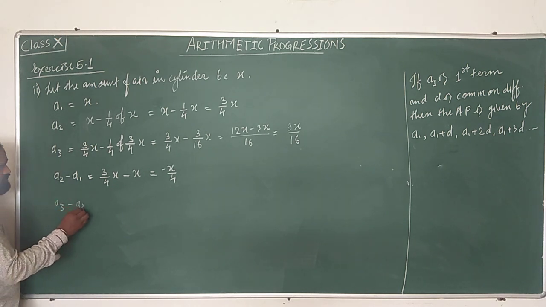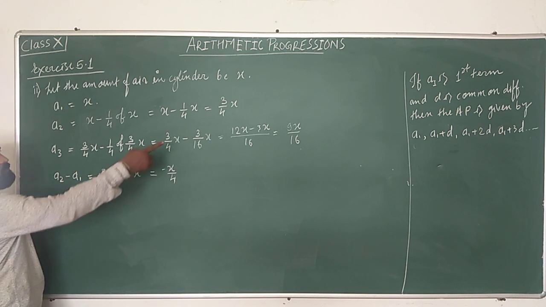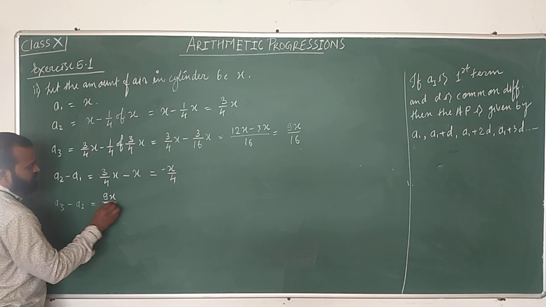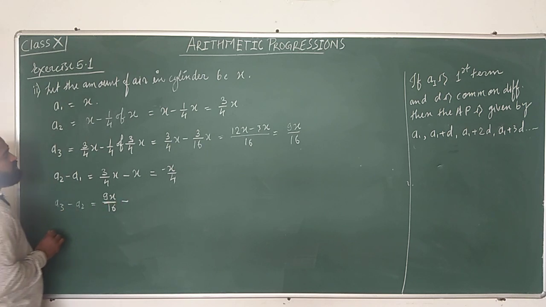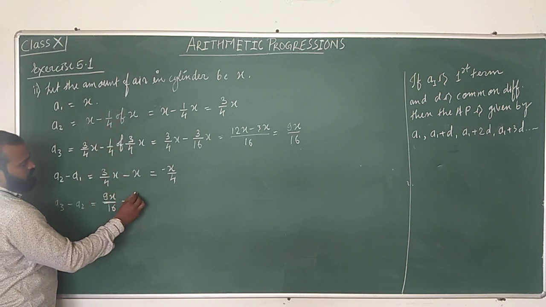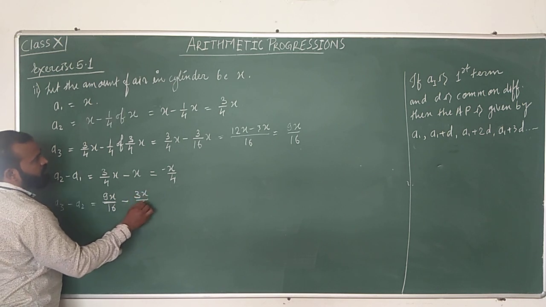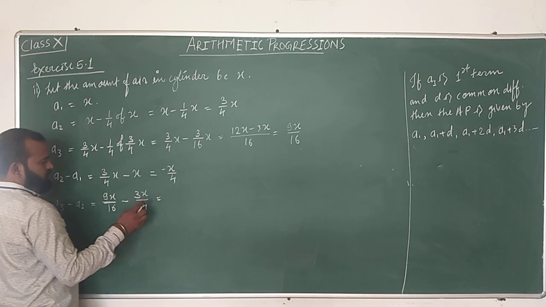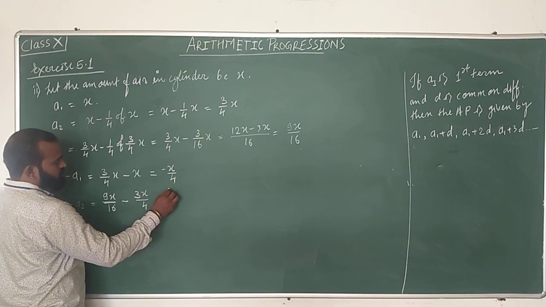Okay, again A3 minus A2. What is A3? A3 is 9x by 16 and minus A2. What is A2? A2 is 3x by 4. What it will come? 4 4 16. यहाँ पे लिखा है कि 4 12.